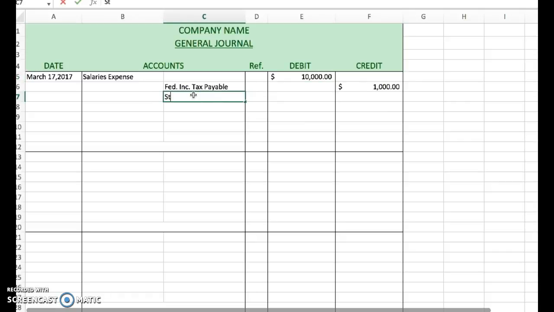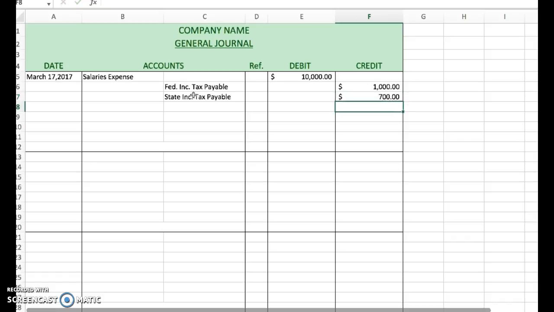Now, we also have another liability called state income tax payable. Now, that is, again, an amount that varies from state to state depending on how much people earn. But let's come up with a number here, and we'll just give you an amount of $700.